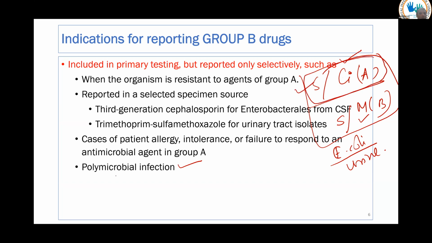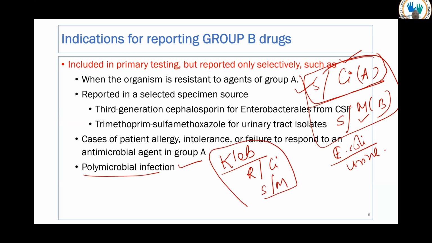However, suppose you have a polymicrobial infection. You have another organism grown in urine, or maybe in another specimen, and Klebsiella is also there, which is resistant to ceftriaxone and sensitive to meropenem.